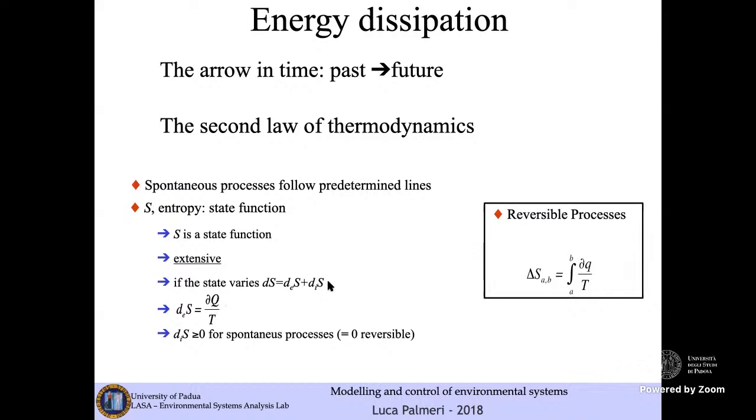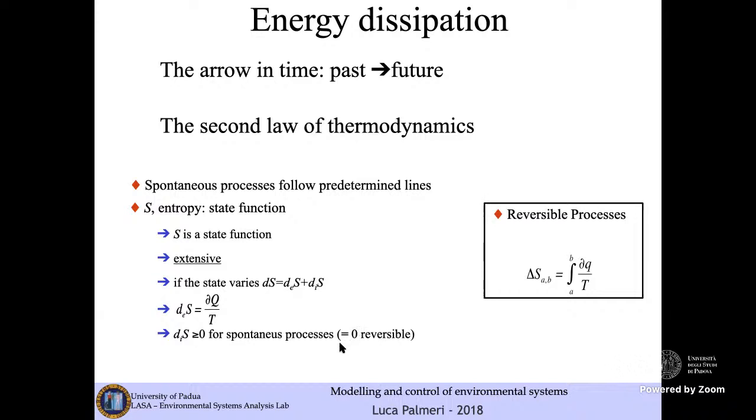For what concerns the variation of entropy due to internal processes, we may only say that it is always greater than or at most equal to zero for spontaneous processes and is equal to zero for reversible processes.